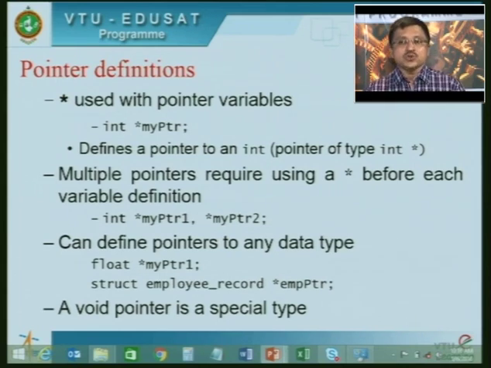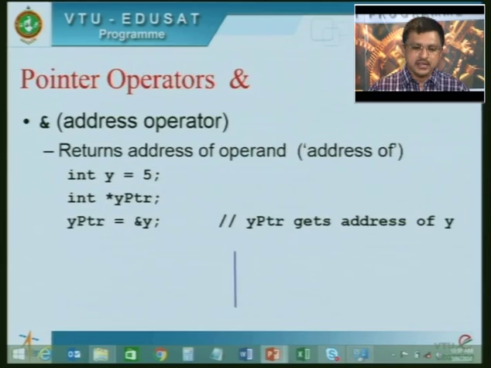So, if you do not associate a pointer variable with a data type, dereferencing it would be impossible. That is exactly why every pointer variable has to be associated with a data type. There is a special pointer called a void pointer, which does not know what it is pointing to. I hope you are clear on the syntax and how to define pointers.